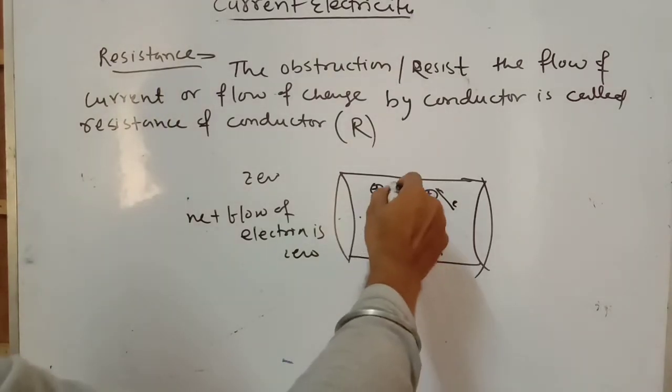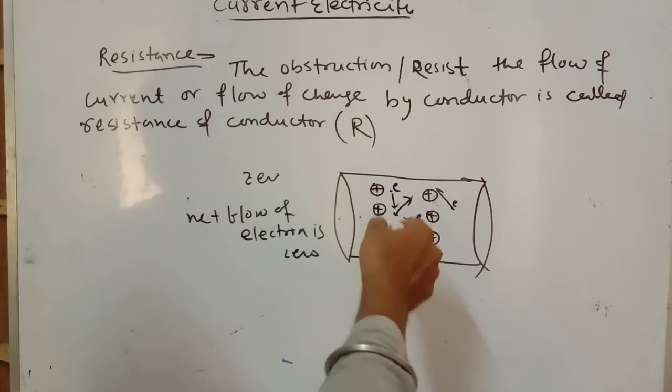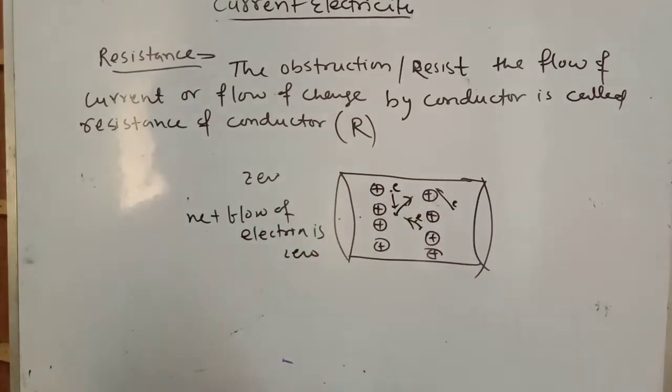Every electron collides with other electrons or with the positive charge, that means holes, so the net flow of electrons is 0 when there is no potential across the conductor.